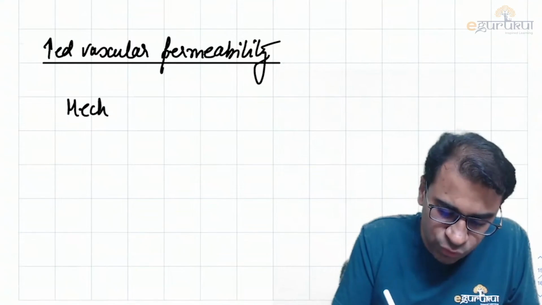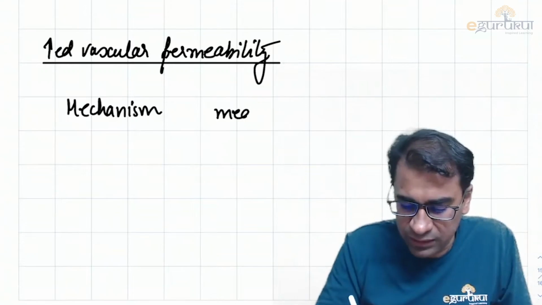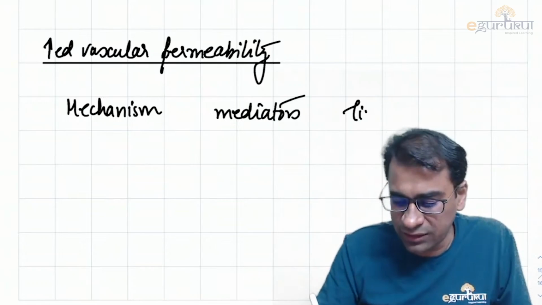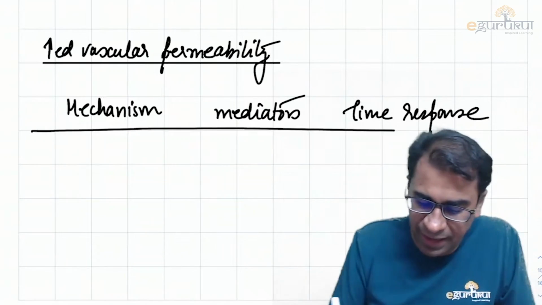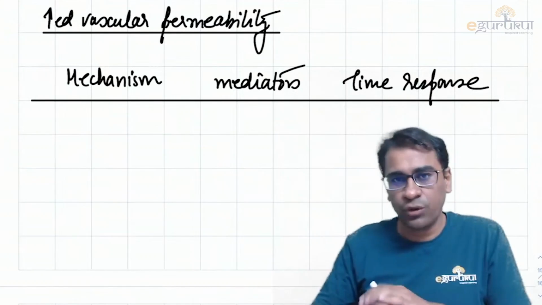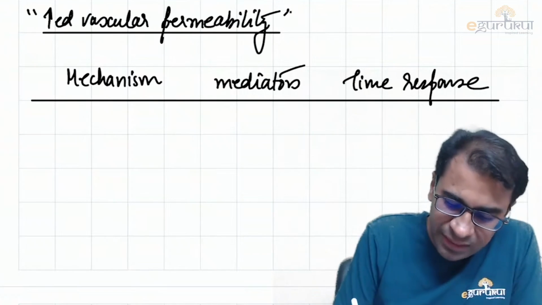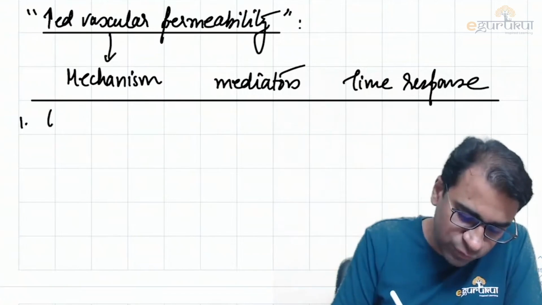So the three things you should know: one is the mechanism, one are the mediators, and one is the time response. Mechanisms, mediator and time response. Okay. Now look, basically we're discussing increased vascular permeability mechanisms.